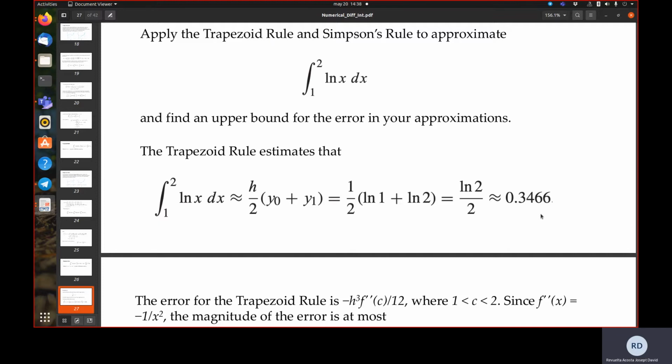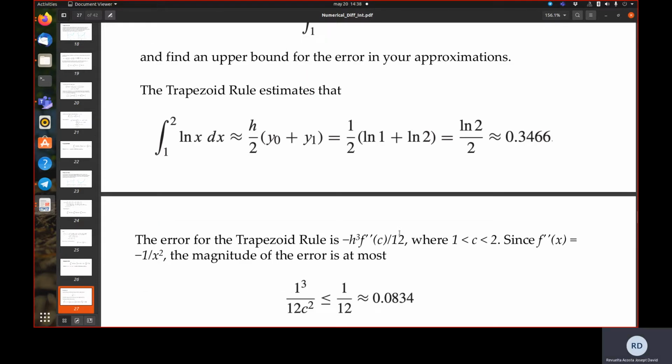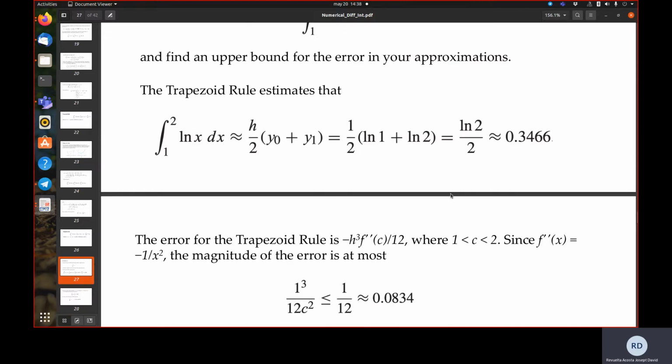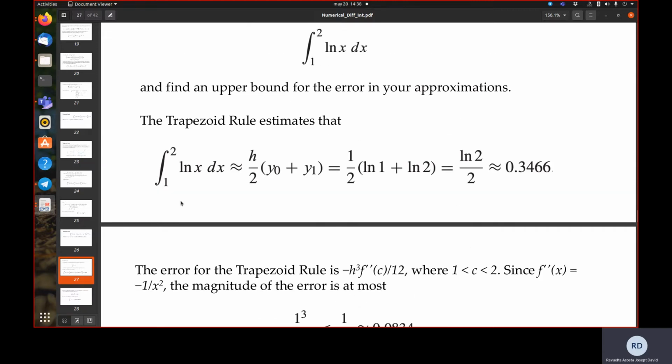So it's actually what we are showing right here. Moving forward, we can also estimate the error for the trapezoid rule. So the error term is equal to this: minus h cubed times the second derivative divided by 12, where c is in between 1 and 2.